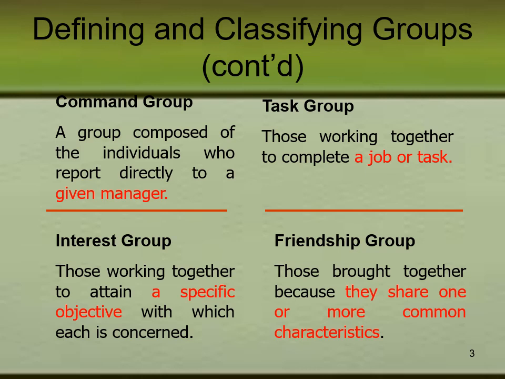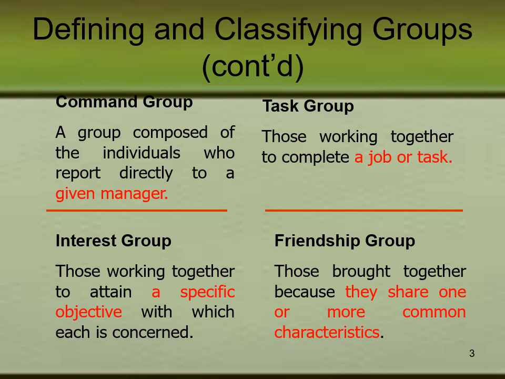So the difference between interest group and friendship group is that an interest group is temporary. So interest group ni adalah group yang temporary, maksudnya apa? Sementara. Because once the objective has been achieved, then the group is disbanded.